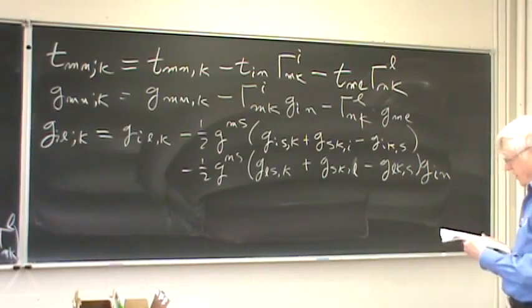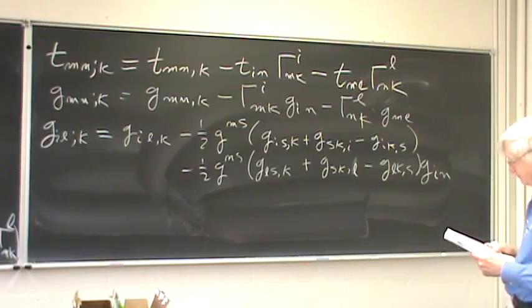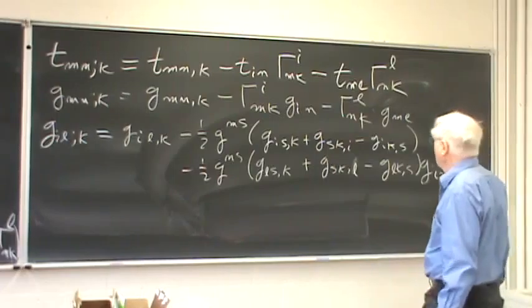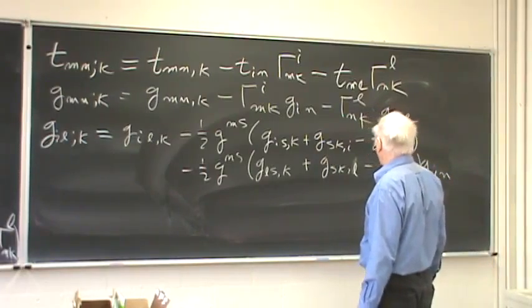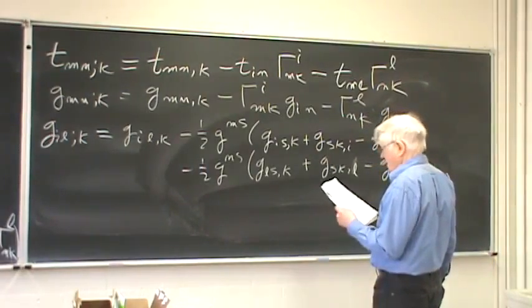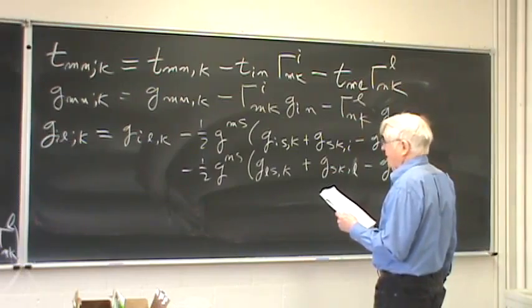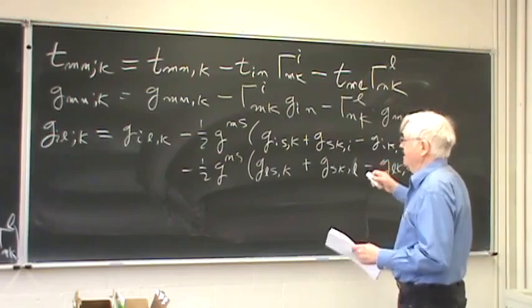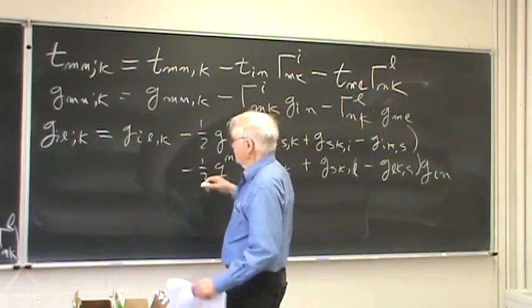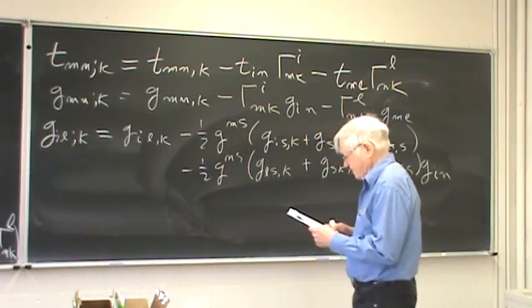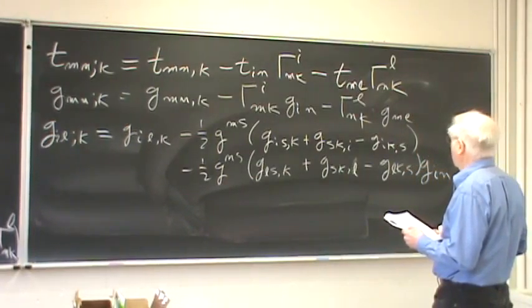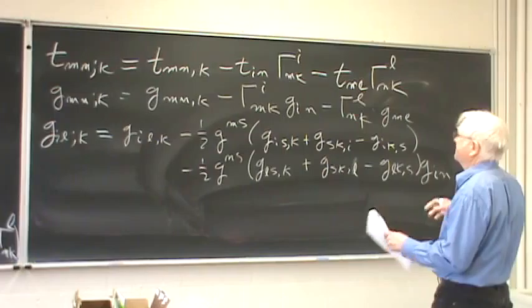Okay, now, huge cancellations. First, what do we have? This, of course, is the inverse of G with lower indices, and I left something out.